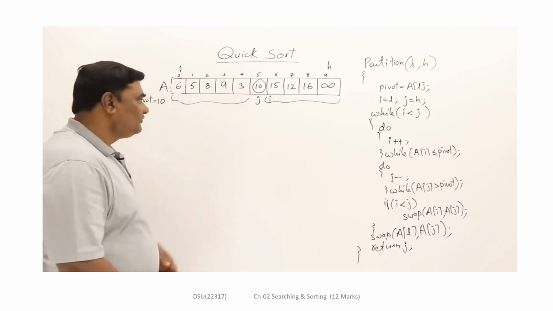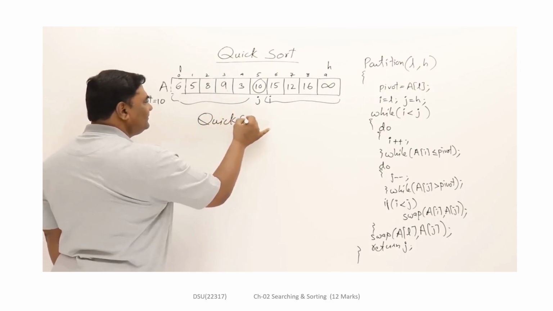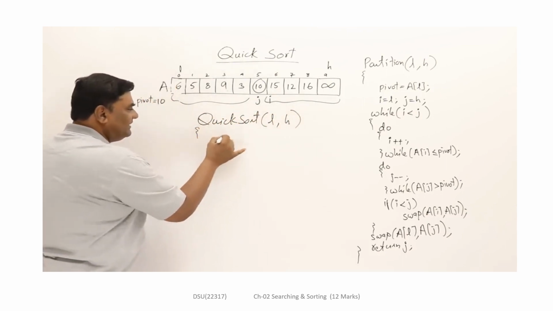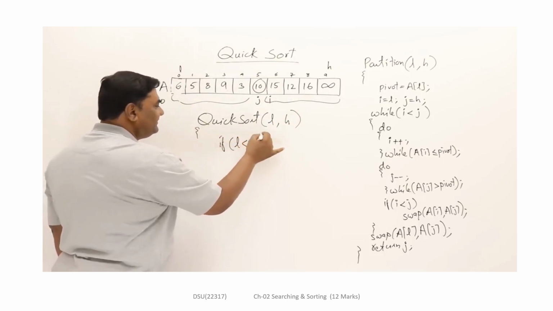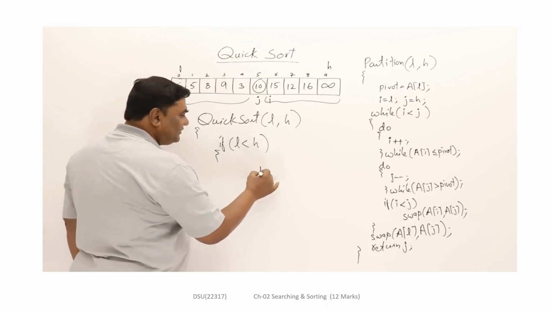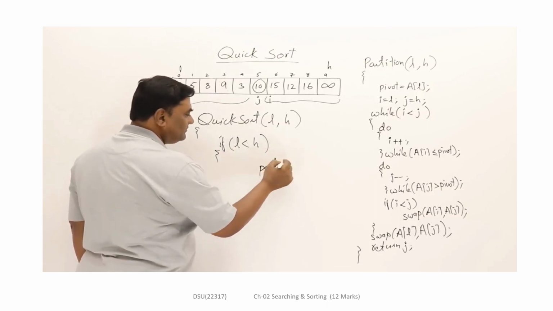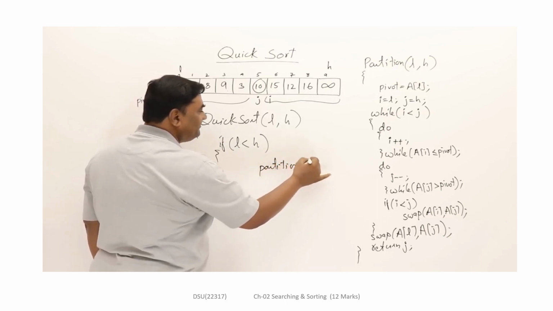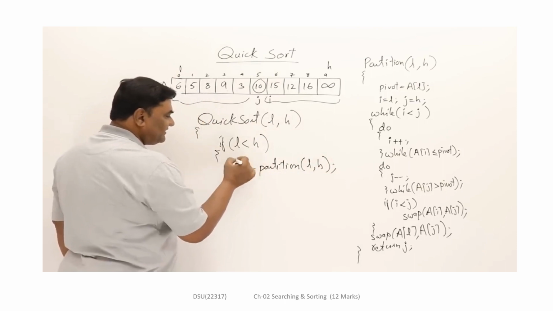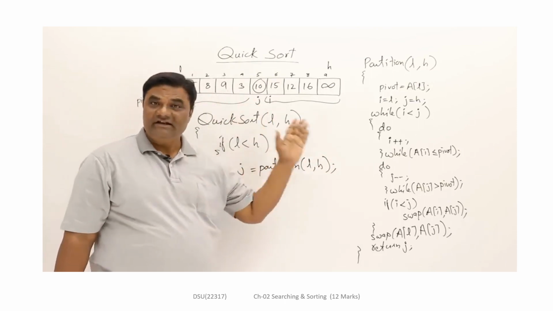Let us see how quick sort works. Quick sort will take low and high. If low is less than high, it means there are at least two elements. If so, then it will call the partition algorithm by passing low and high, and that partitioning algorithm will return J, the position where the partitioning is done.